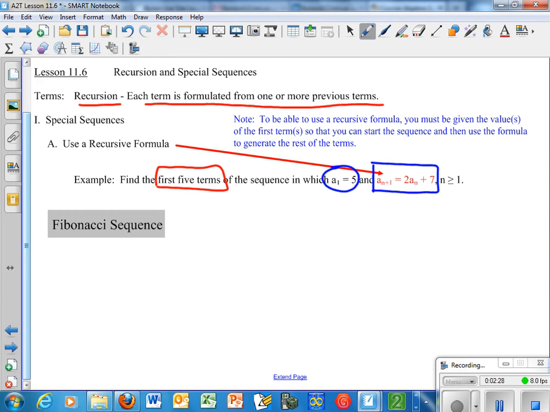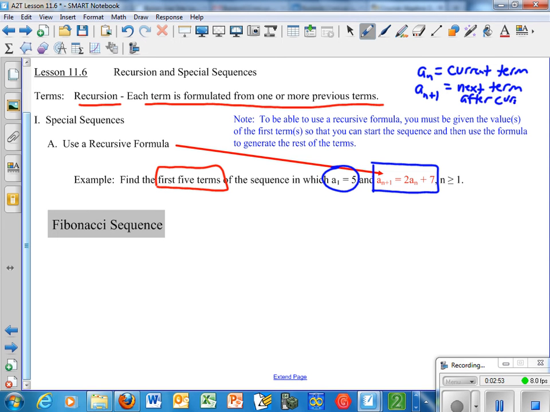What I want you to notice, and maybe write down in your notes, is that a_n we usually call the current term when we're talking about recursive formulas. And then a sub n plus 1 is usually the next term after.